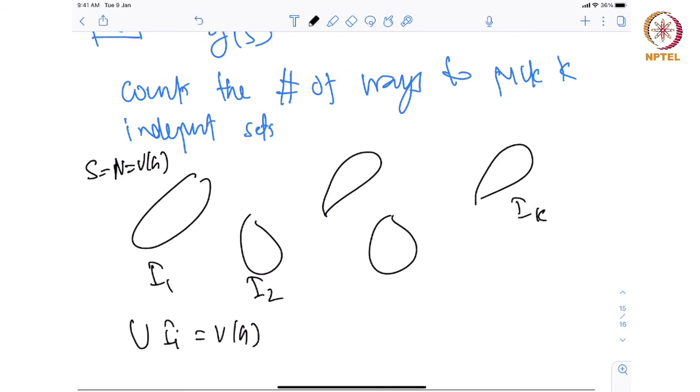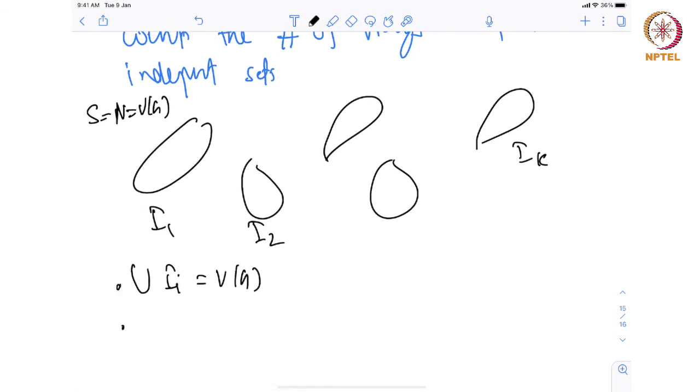But when is it not this great? If the union of the Ij is a proper subset of V, because their union can only be, right. So if I look at the whole vertex set, for S equal to n, let's pick K independent sets. These are great if I have picked K independent sets which can cover my whole vertex set, but it is not good for me if it is a proper subset. Okay, fine.